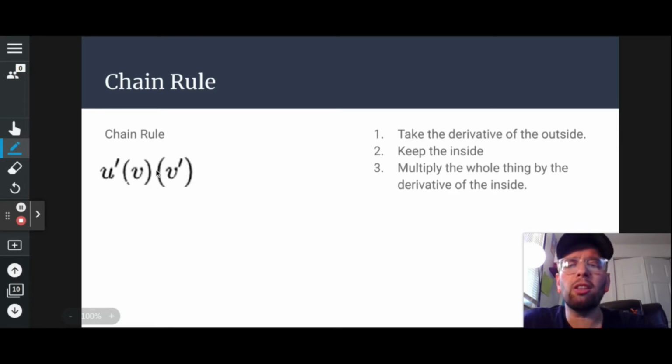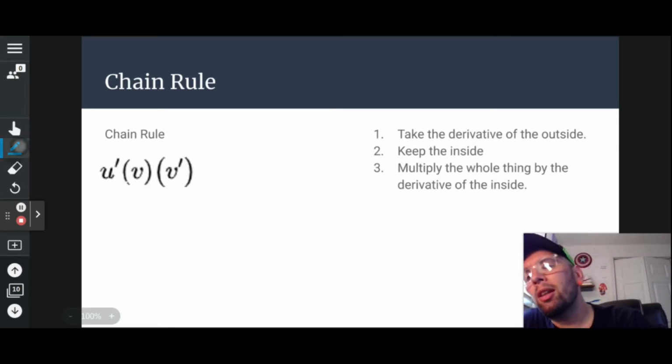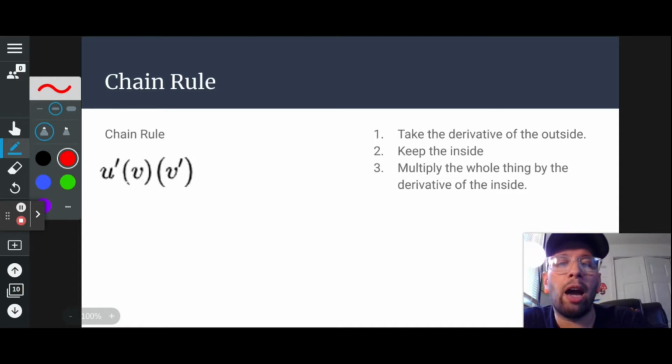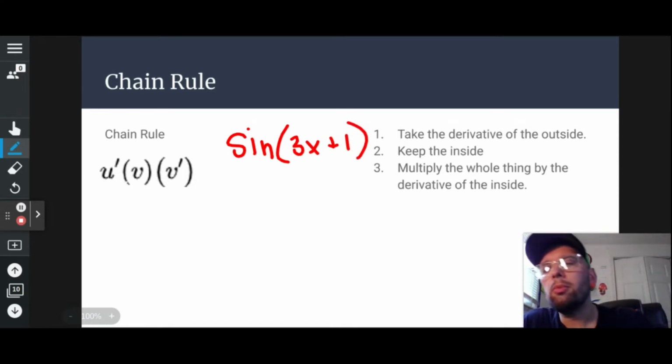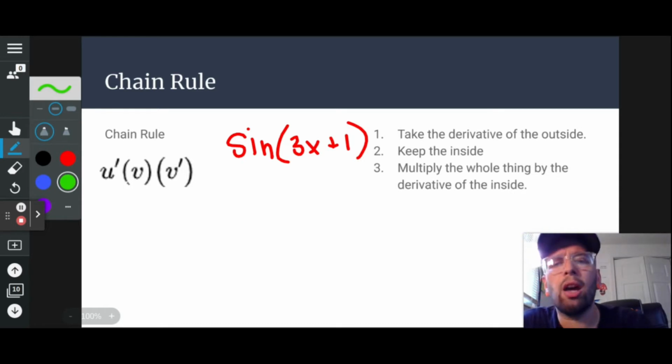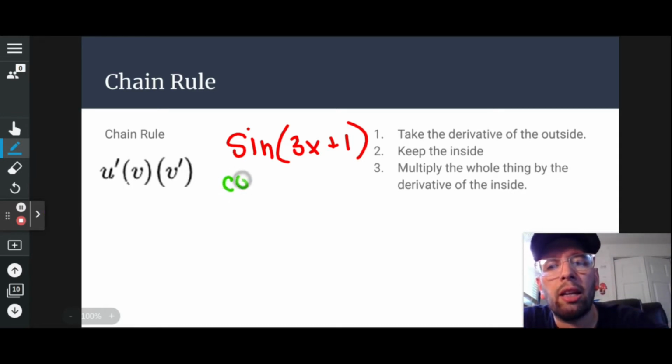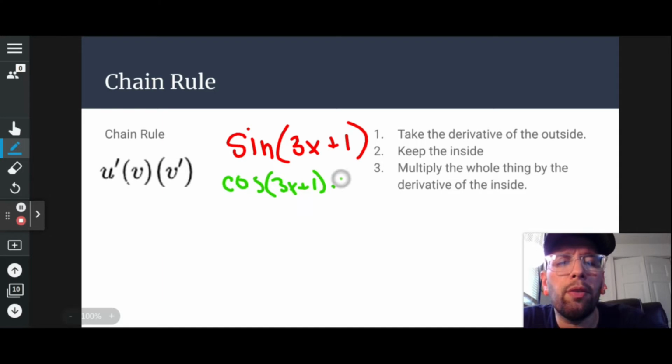Well, that's basically saying if normally I'm used to sine x, but I have sine of 3x plus 1, just for example, I would take the derivative of the outside. The outside is sine, so the derivative of the outside is cosine. I would keep the inside and then multiply the whole thing by the derivative of the inside.